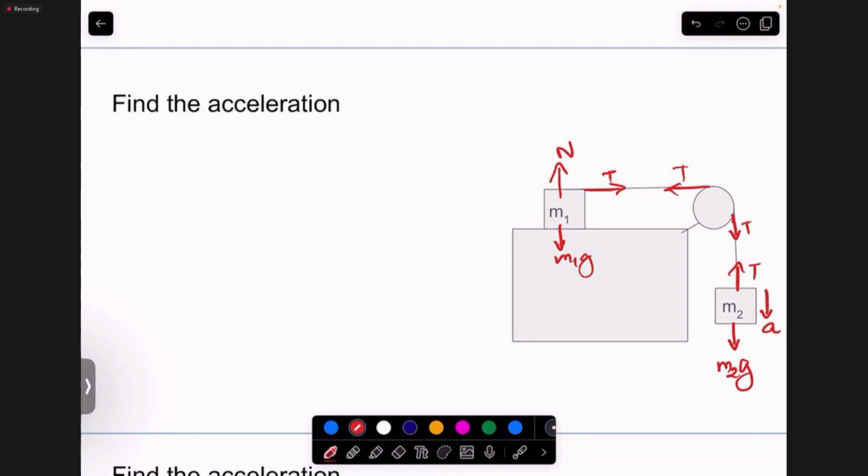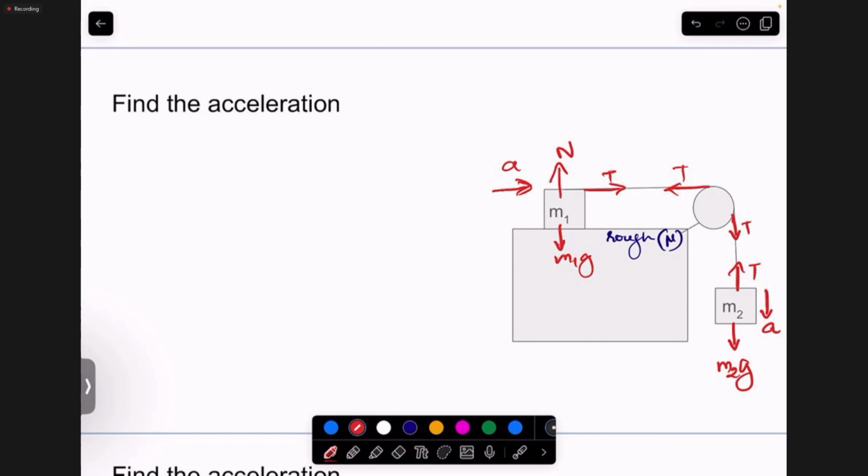The only change here is that this is a rough surface with coefficient of friction mu. Since the same string is going over this pulley, acceleration of M2 will be equal to acceleration of M1. So you need to find only one acceleration value for both the blocks.